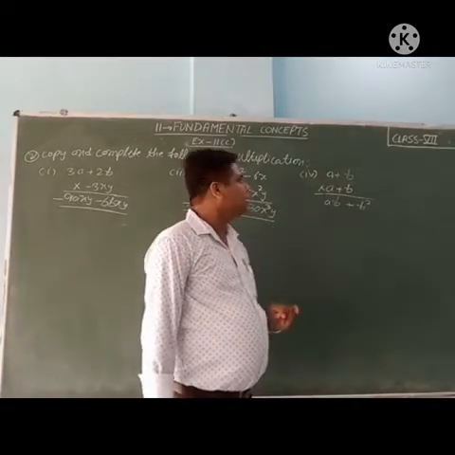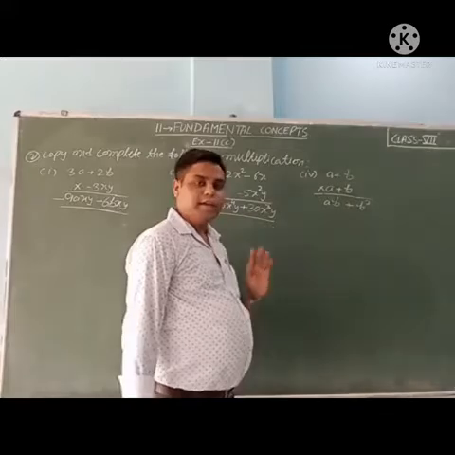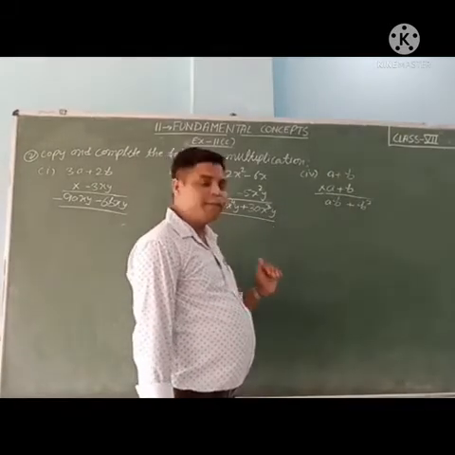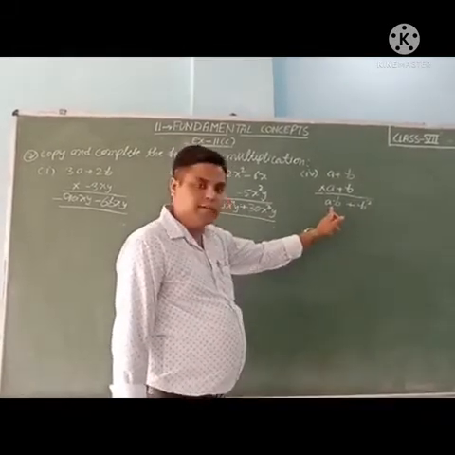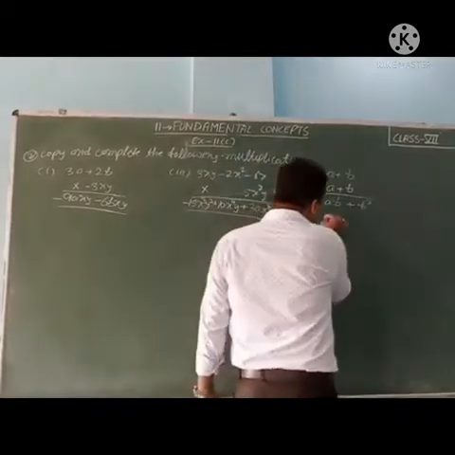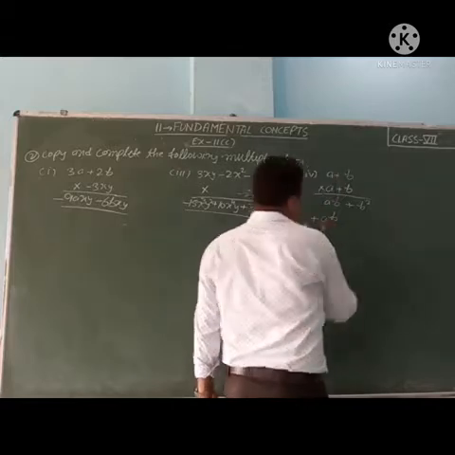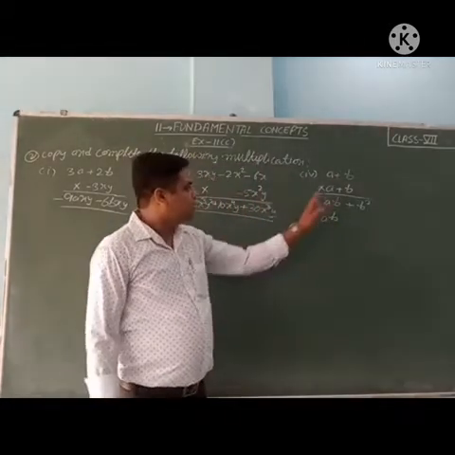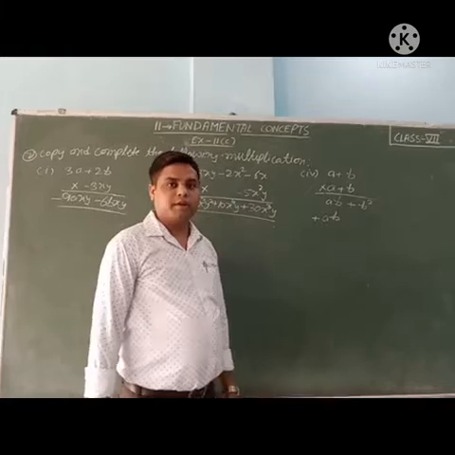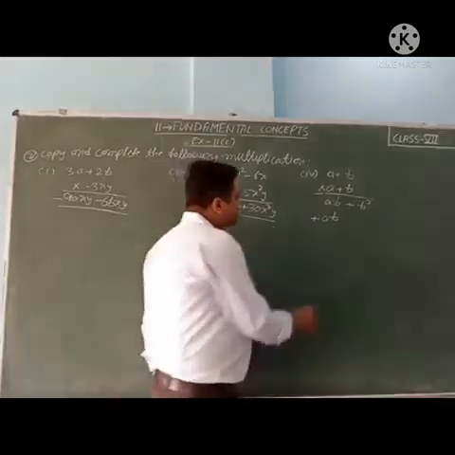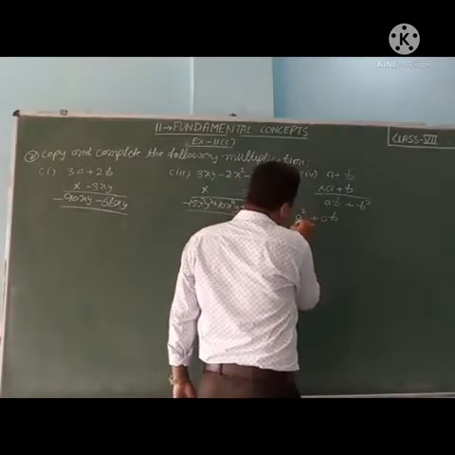A into b, a into b, a. Now see students, AB is coming and one AB is already there. So we will write that AB just under this AB with sign. Then A into A, it means A square, so we will write A square here separately.